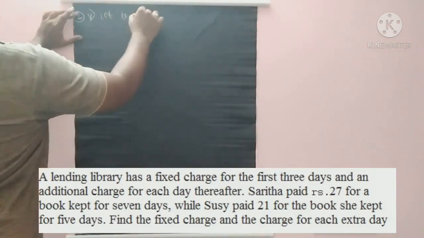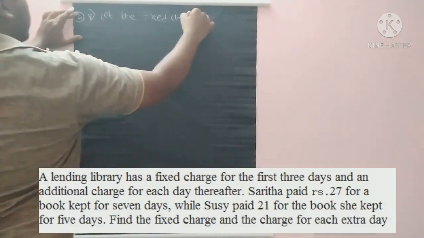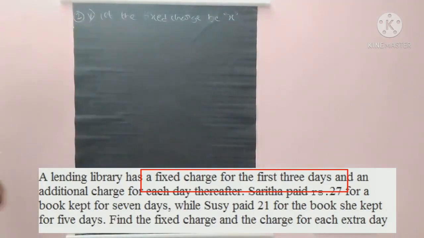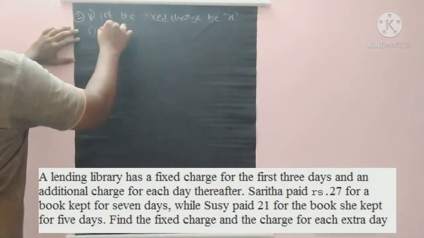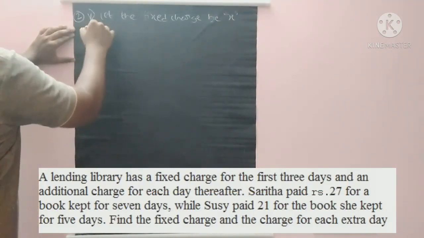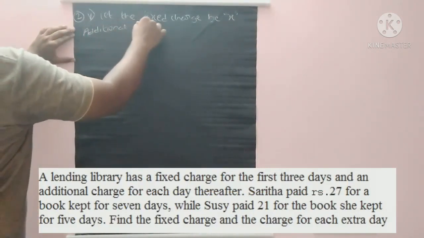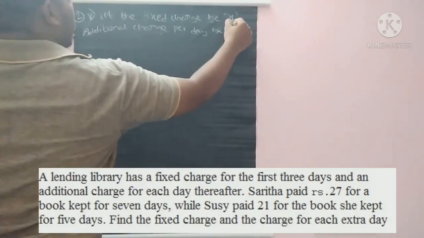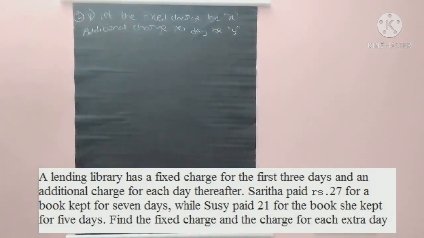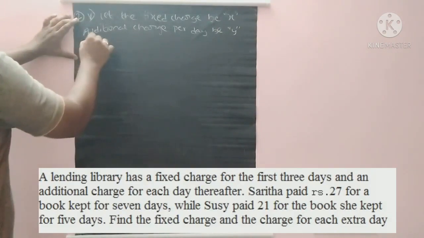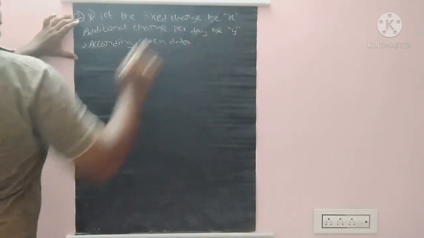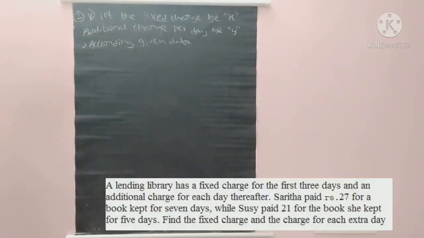Let the fixed charge be x rupees. So this x rupees is applicable for 3 days. Let the additional charge per day be y rupees. Now, according to the given data, Sarita paid 27 rupees for 7 days.